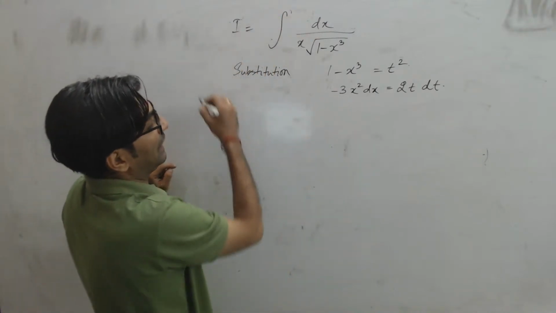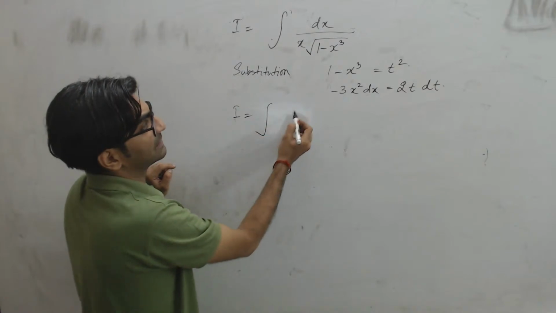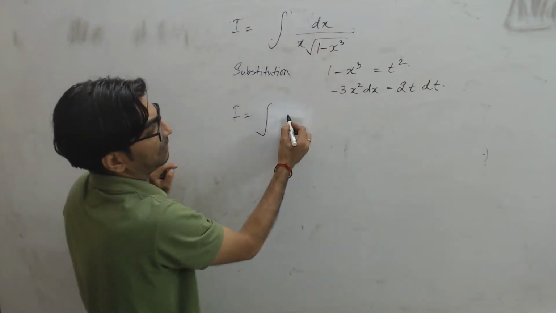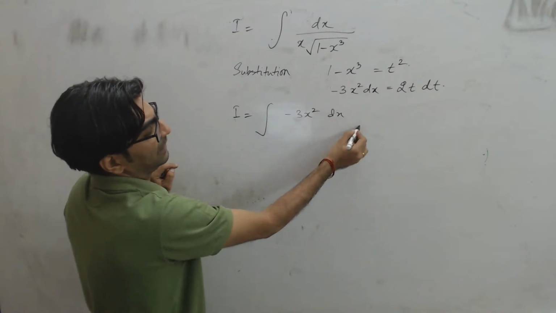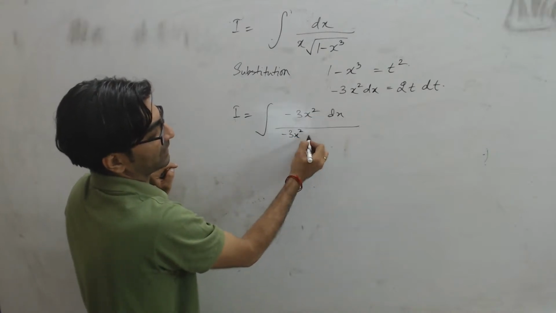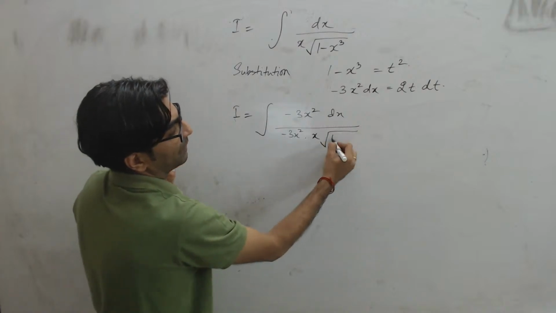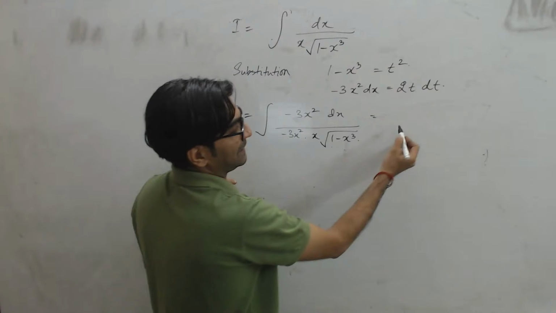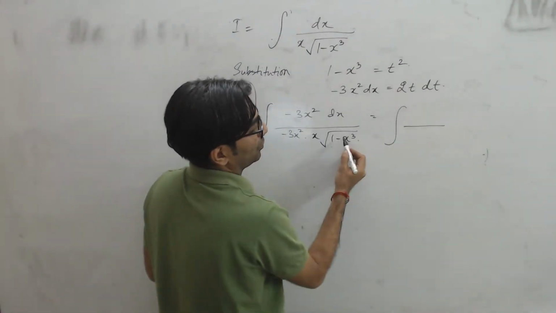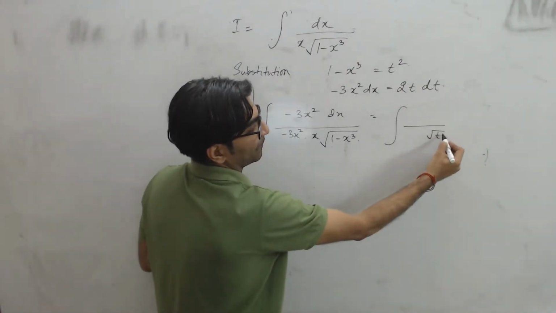So I'm going to rewrite the integral by multiplying by minus 3x square and also dividing by minus 3x square, into root of 1 minus x cube. And then I can substitute. If I substitute this as t, this becomes root of t square.